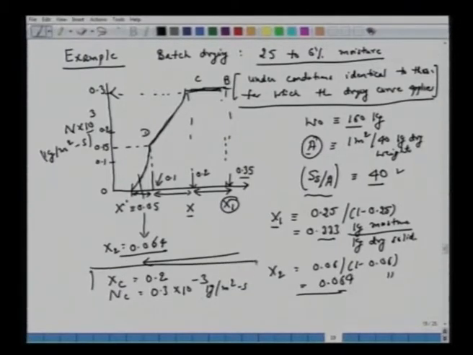These are the two important parameters of a drying curve. The critical moisture content reflects the range below which you will have the falling rate, and beyond which you have constant rate, pool of liquid, etc. We have talked about those, and the critical constant rate is 0.3 times 10 to the power minus 3, which remains constant between B and C.